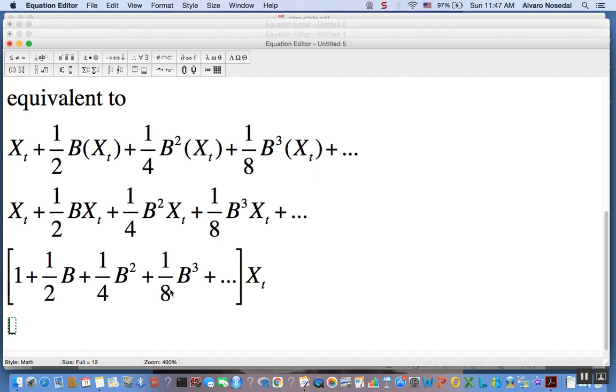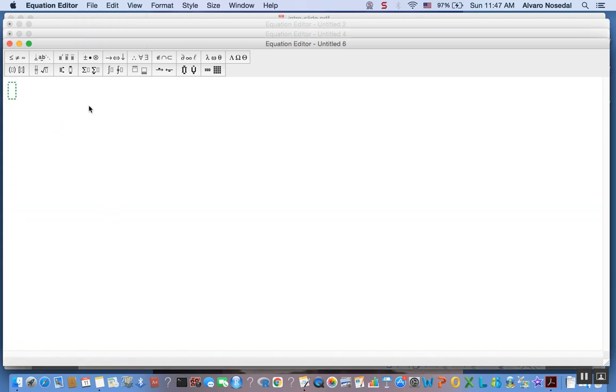Okay. So let me open a new one here so we can rederive the formula that you may need to find the value of a geometric series. Okay.